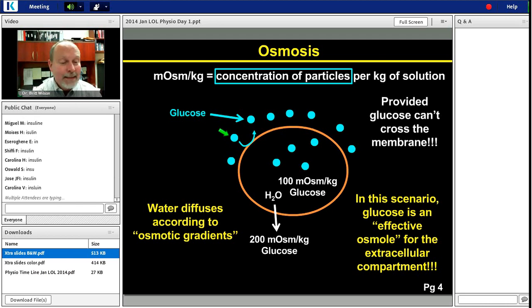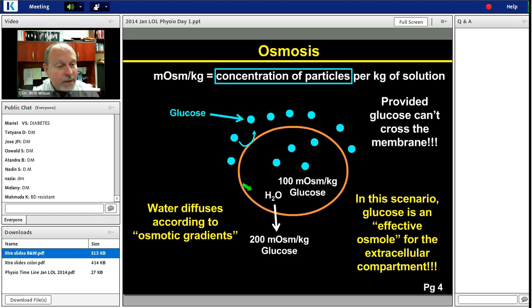Exactly. So, glucose normally gets in the cell, but do we ever have a pathologic condition where glucose doesn't easily get into the cell? Does that ever exist pathologically? Exactly. Diabetes mellitus. Bingo. So here's the key element. We have to understand our core principles of osmotic gradients.